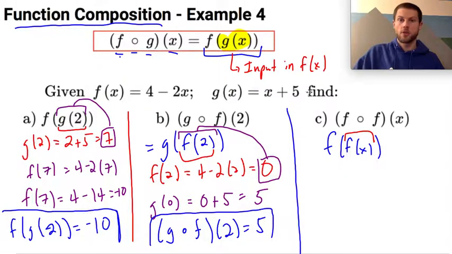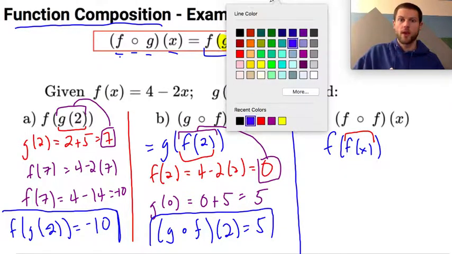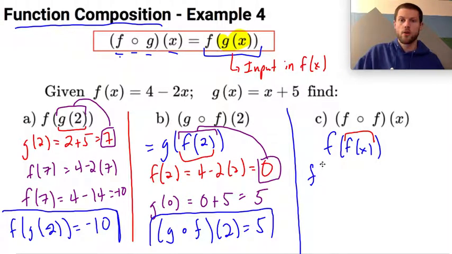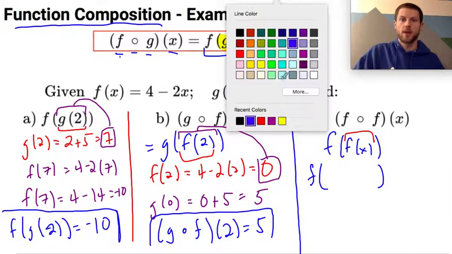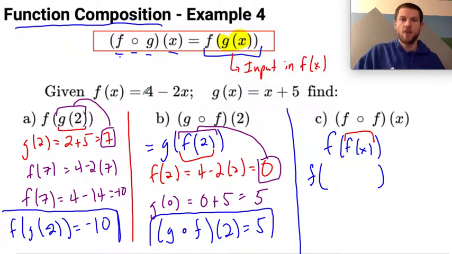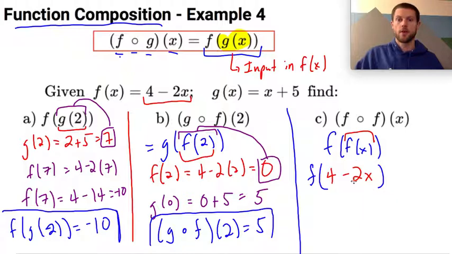So I'm going to find what f of, let's take my f of x function. f of x is defined as 4 minus 2x. I want to put 4 minus 2x into my function for f. So this f of x becomes the entire input in my f function.